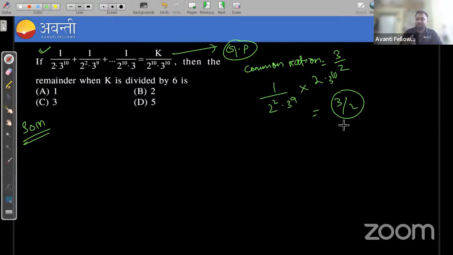That's why I'm multiplying by 2 raised to 10 into 3 raised to 10 on both sides.